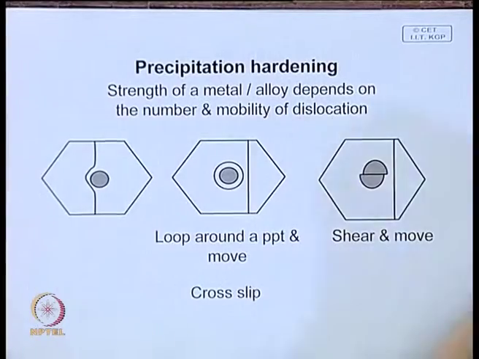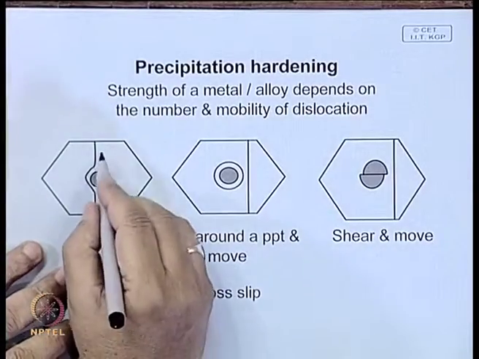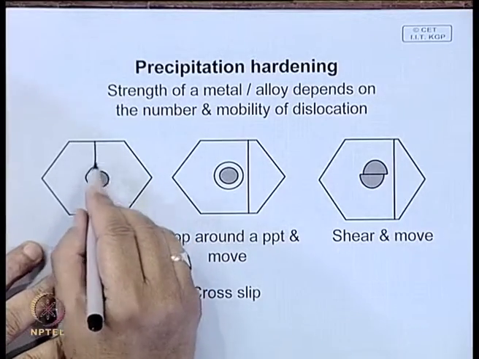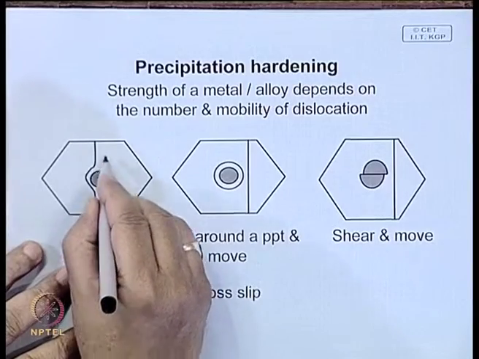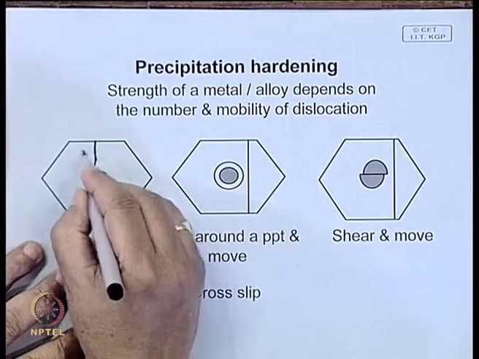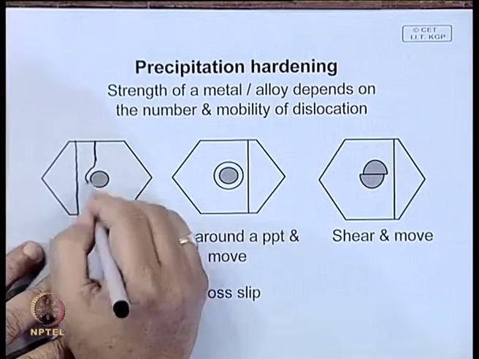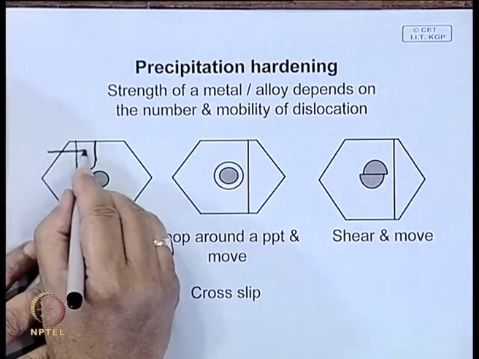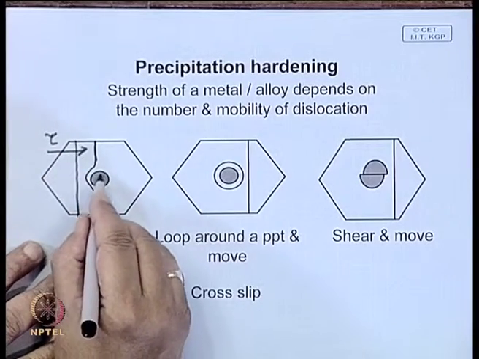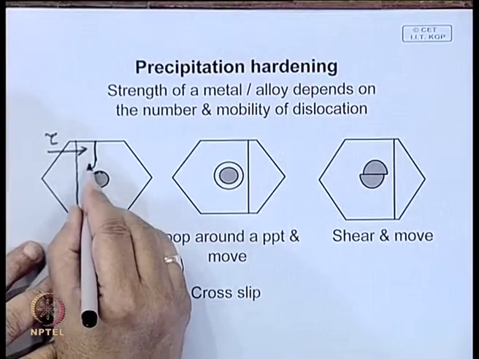Now, let us look at the process of hardening. What we said is that the strength of a metal depends on its ability to move a dislocation in the lattice. Suppose here this is a grain, this is a precipitate, and you have a dislocation. If it is somewhere here, it will be straight, and when you apply shear stress tau, you push the dislocation, and now this opposes the dislocation movement.